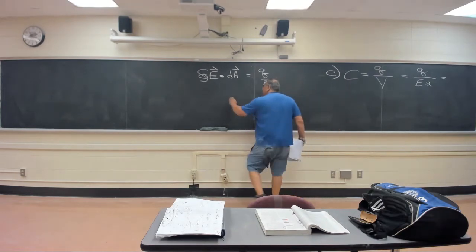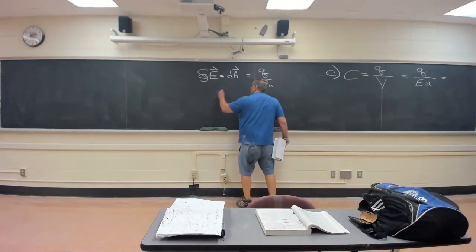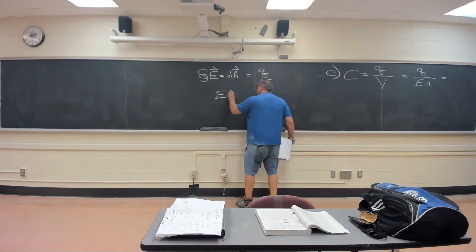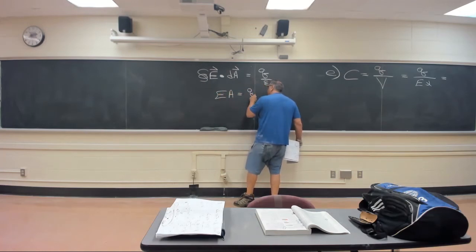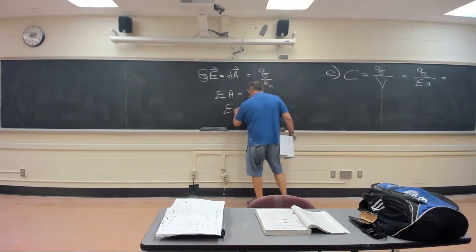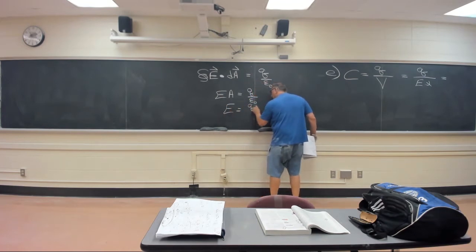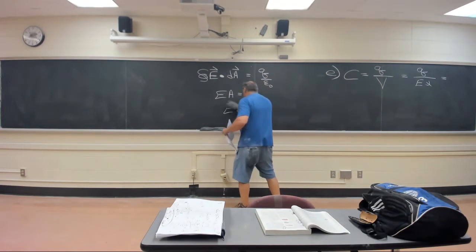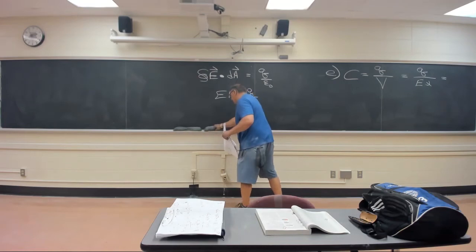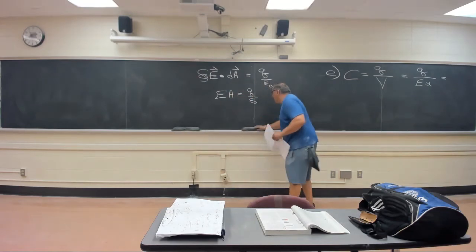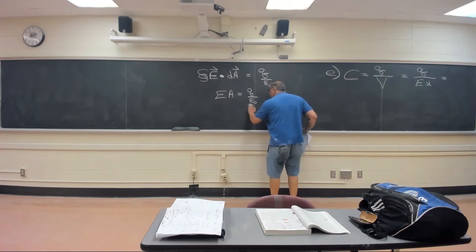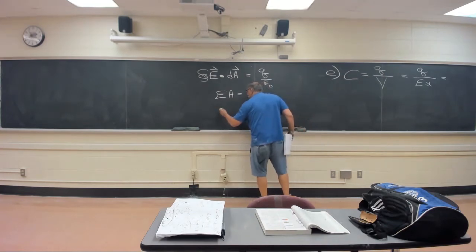You could say this right here is E times A, Q over epsilon naught. E equals Q over A epsilon naught. I mean, there's a lot to be said here, right?